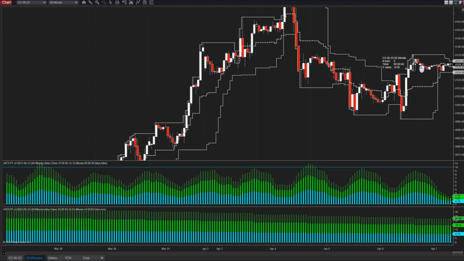And target was reached to the tick on this last one. And then it rolled over. So something to think about, whether you want to go in between a 15-minute range, 30-minute range, and 60-minute range. So you could have 3 different charts going, trying to reach those profit targets.